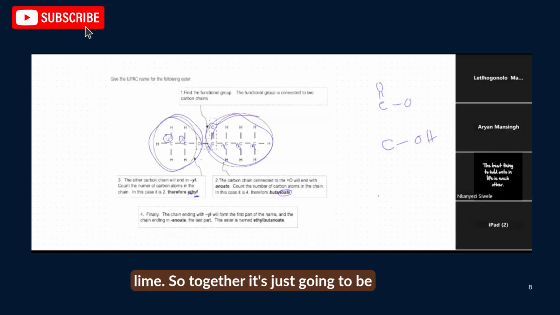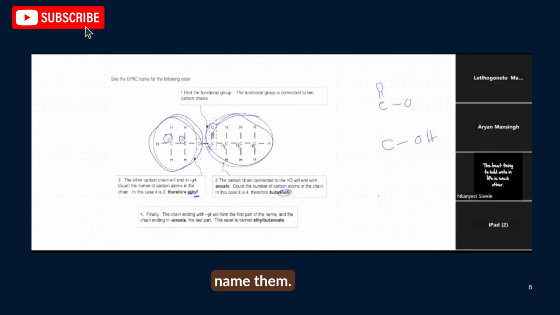So together, it's just going to be ethyl butanoate. Ethyl butanoate. So it's very important for you to see where the double bond is and say, okay, that's where the carboxylic acid comes from. That's where the alcohol comes from. And this is how I'm going to name them. Okay, but we'll definitely look at esterification in more detail.